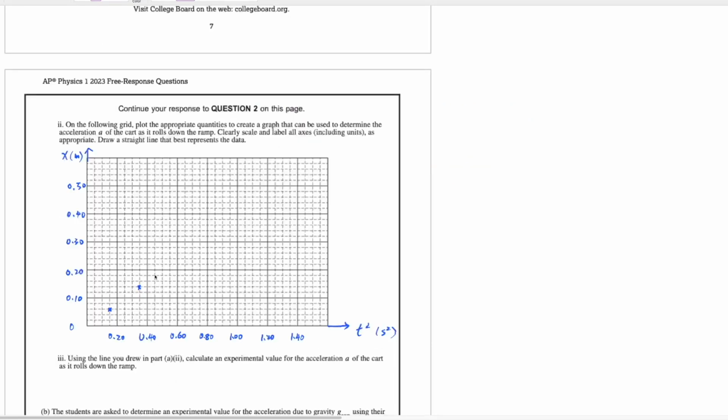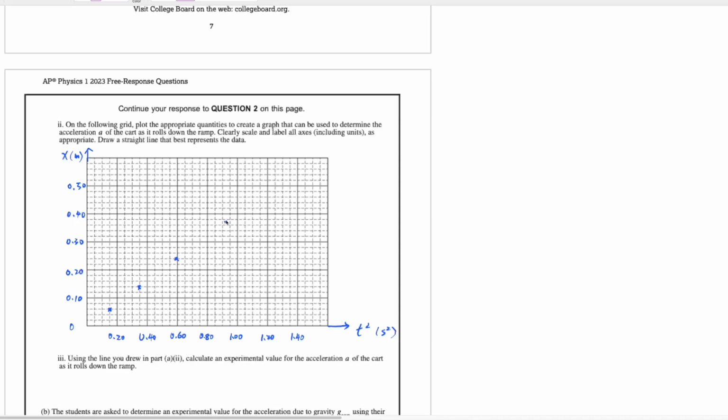Third one is 0.24, 0.593. 0.24, here 0.59, let's say it's around here. And the next one, 0.37, 0.922.